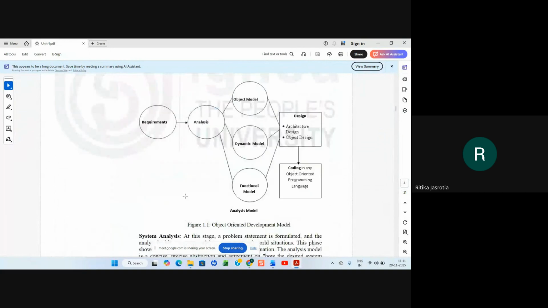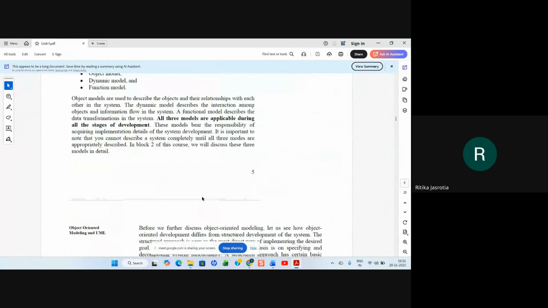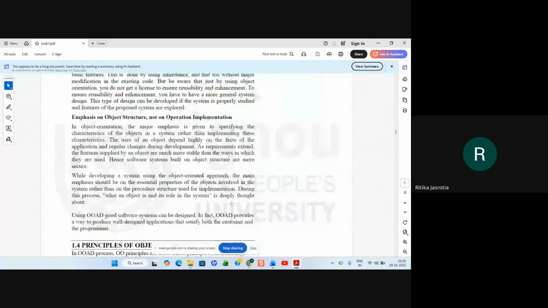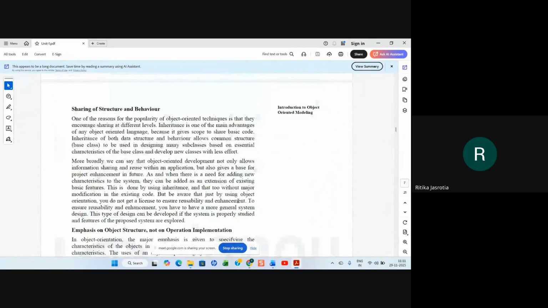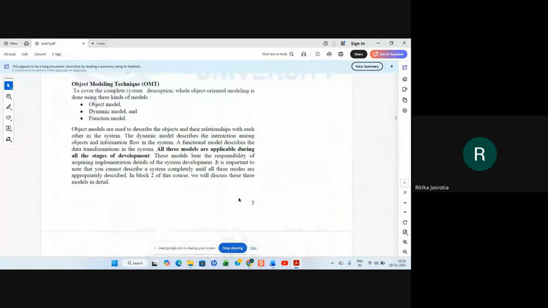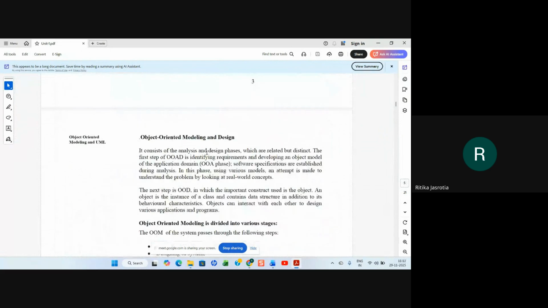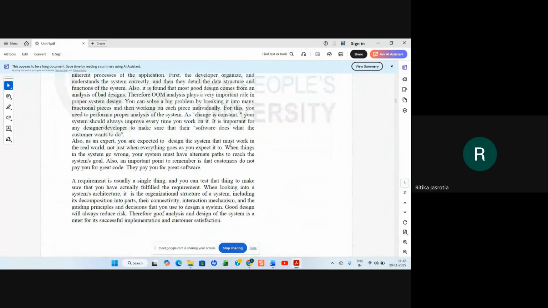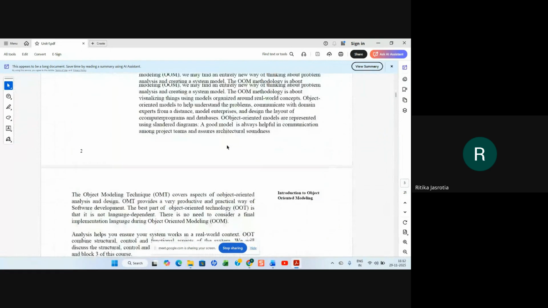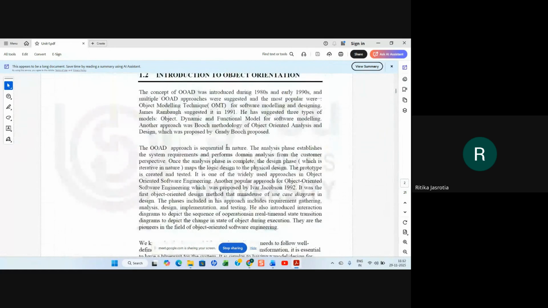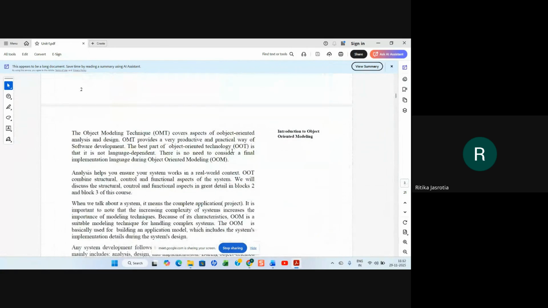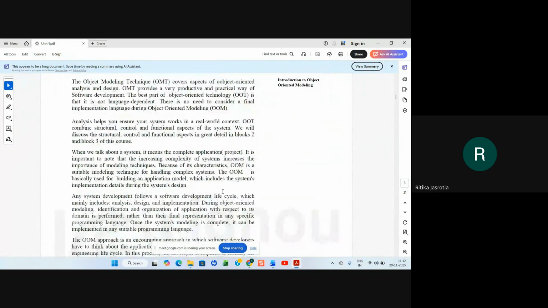So this unit 1 is important from the point of view that you may also get a question on object oriented modeling, right? What is object oriented modeling? If you get that, this is your answer. Object oriented modeling, OOM, is a modeling technique that covers aspects of object oriented analysis and design, so this can also come, right?